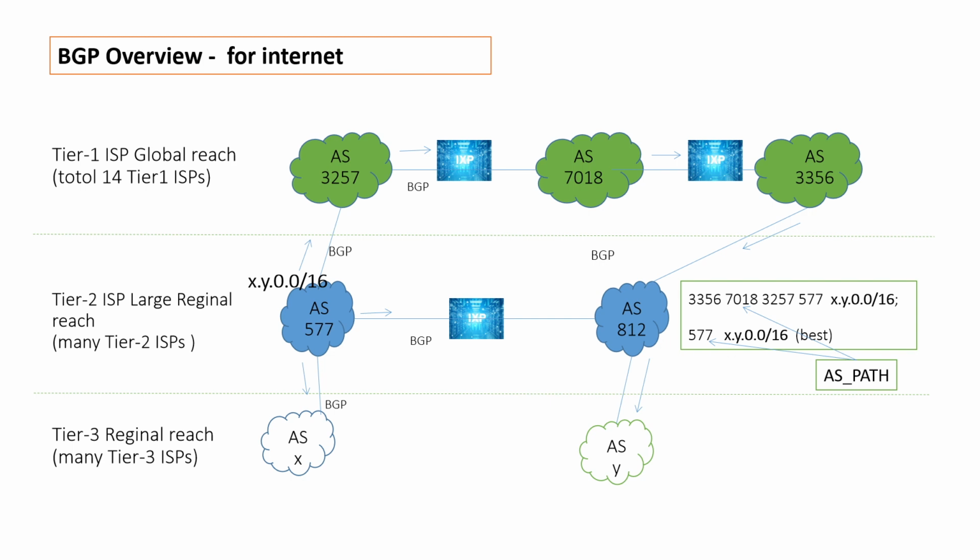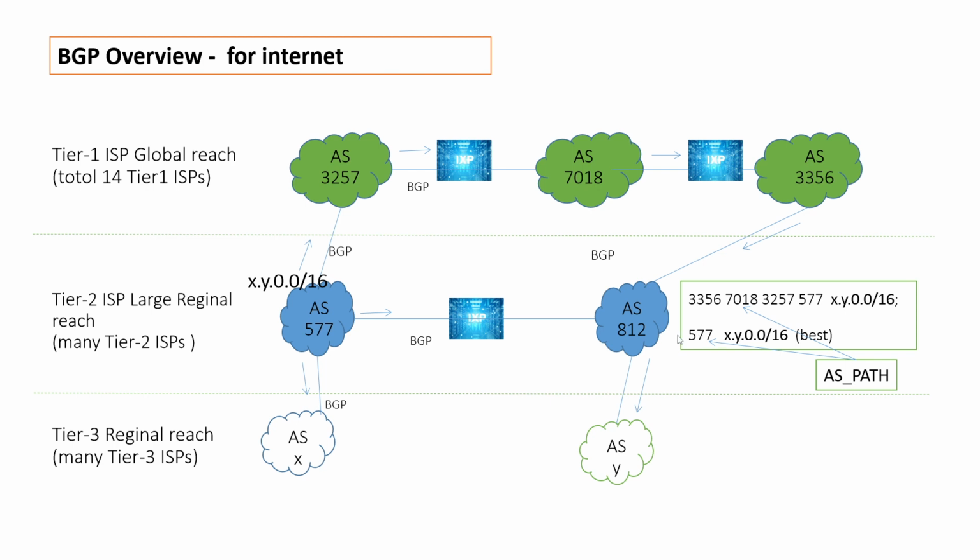AS577 advertises routes to AS812, and AS812 gets a best route.